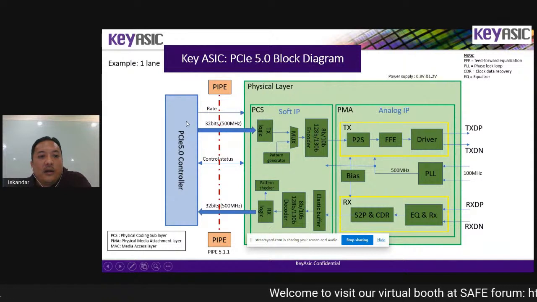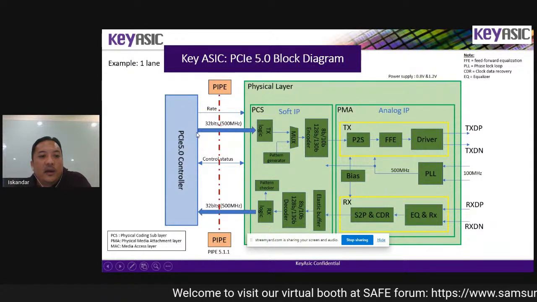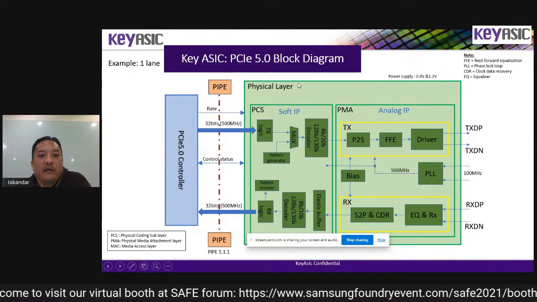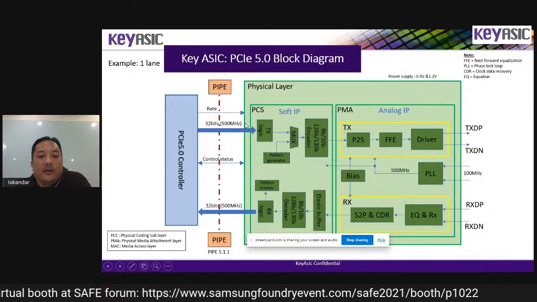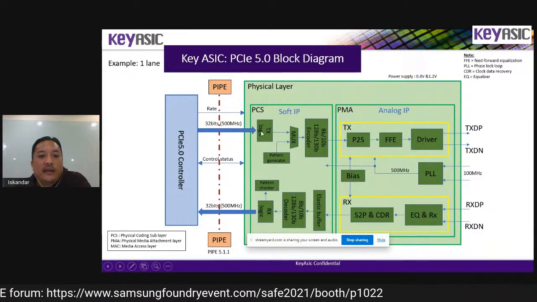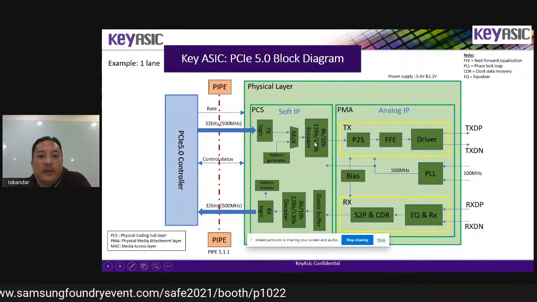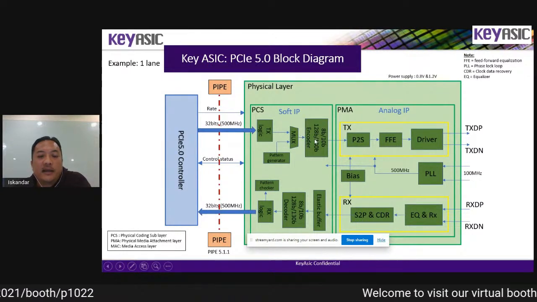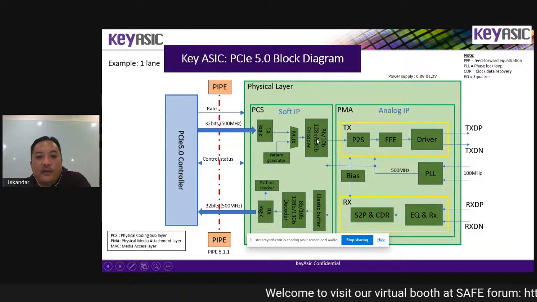There is a 32-bit signal from the controller. It goes to our PHY layer, through the PCS, through the TX logic, where the signal will be encoded at the PCS level. Then it will be sent to the PMA block.